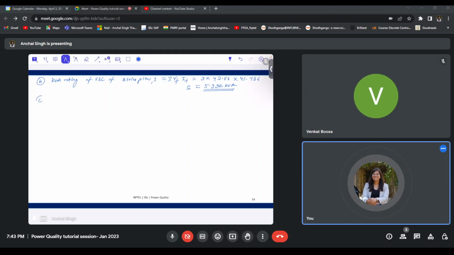For the C part, we were asked to calculate the value of interfacing inductor.